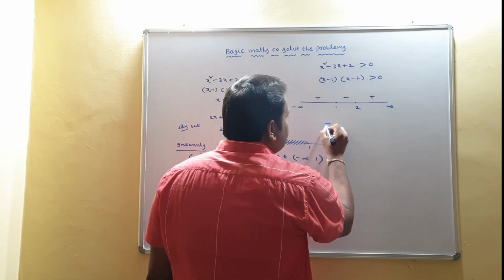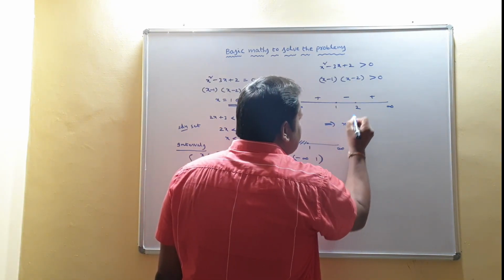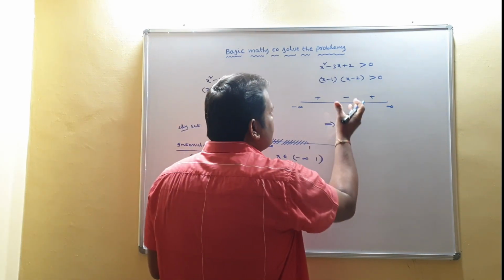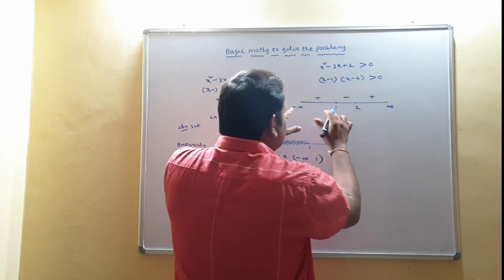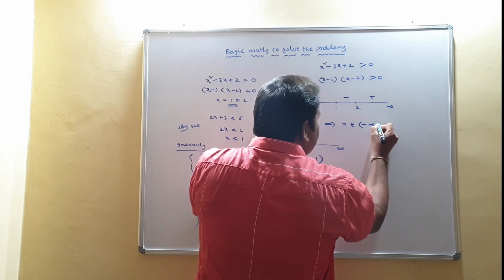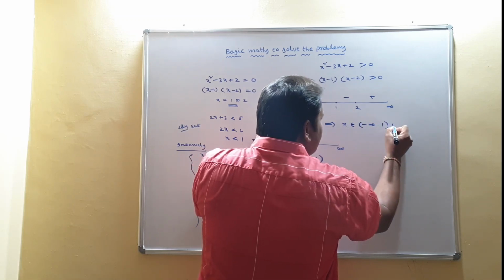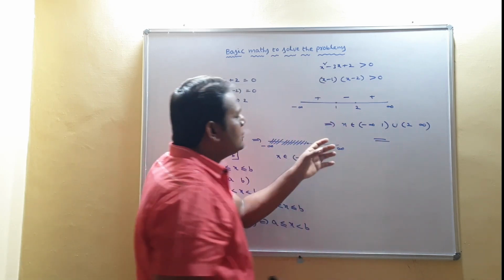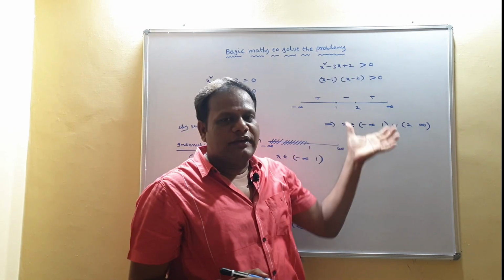Greater than 0 means we want positive. So where it is giving positive values, x belongs to the open interval minus infinity to 1 union 2 to infinity. So this is the solution set for this inequation.